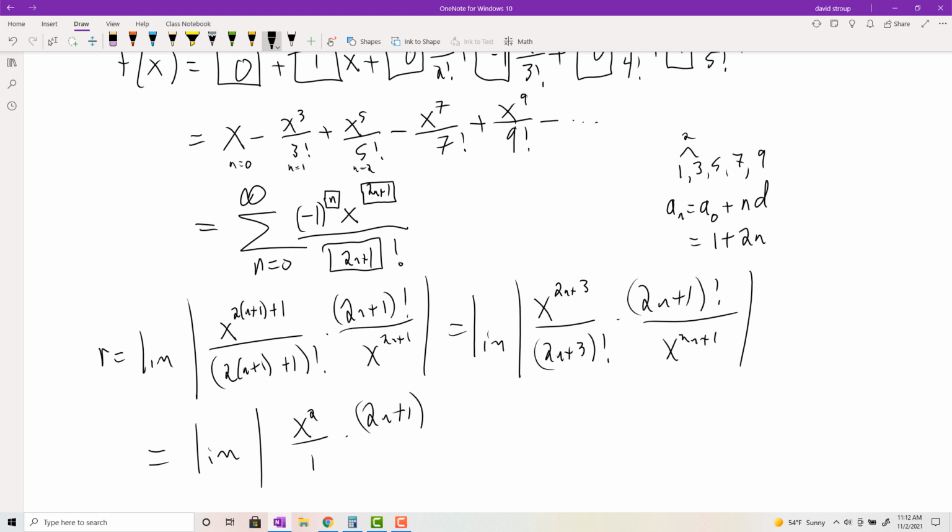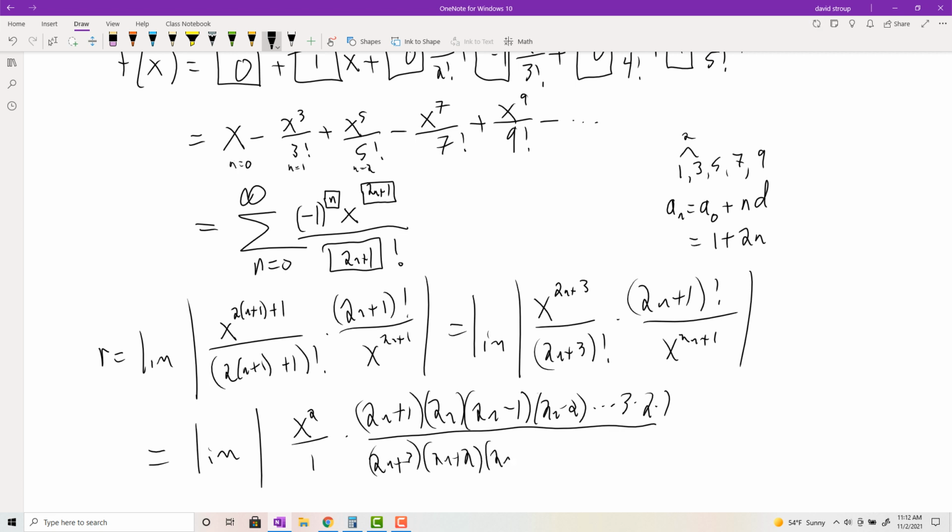That's 2n plus 1 times 2n, times 2n minus 1 times 2n minus 2, blah, blah, blah, all the way to 3 times 2 times 1, all over 2n plus 3 times 2n plus 2 times 2n plus 1. You're just looking for where the top and the bottom match.